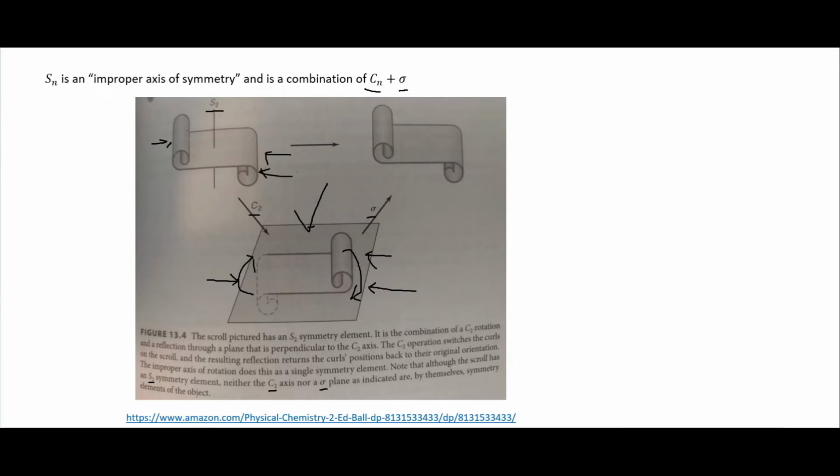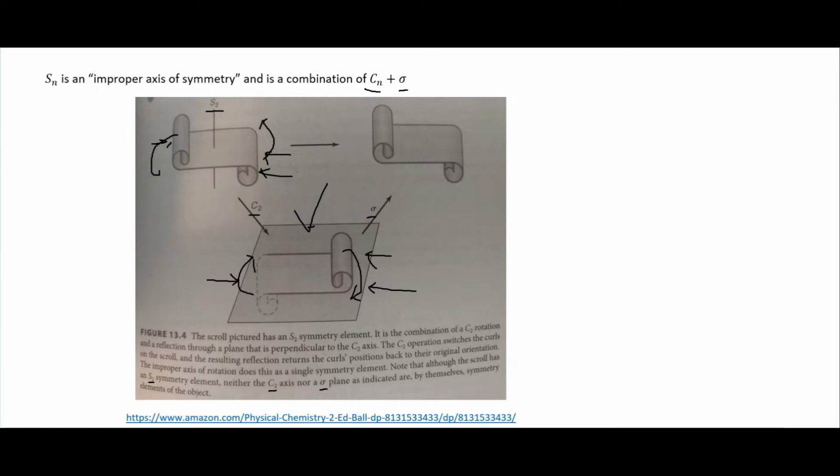And the same if you did the reflection right here, where this gets reflected down and this gets reflected up, it would not give you the same thing. And so you have to do both the rotation and the reflection. That's why it gets its own symmetry designation.